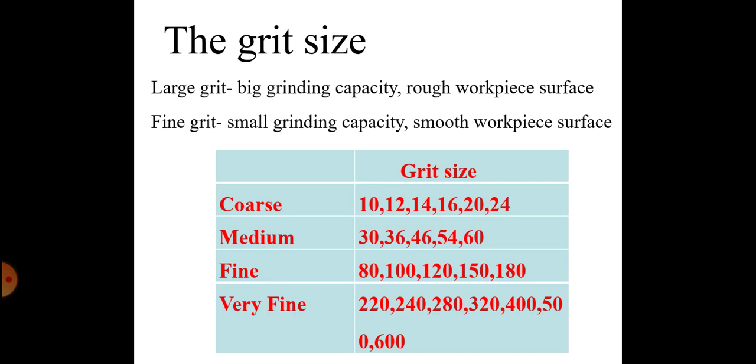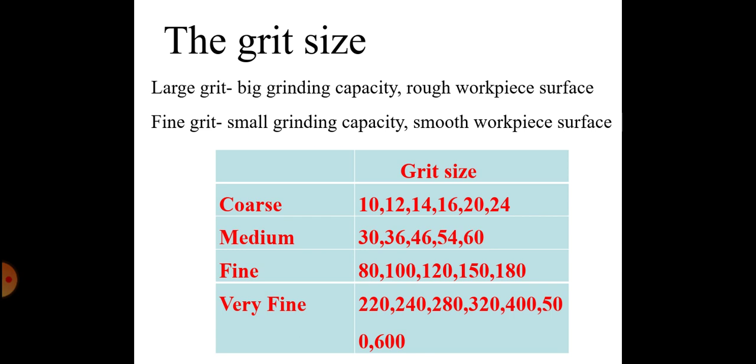The next parameter is the grit size. First of all, we see what is meant by grit. It is nothing but abrasive size, which has an impact on material removal rate and surface quality. Large grit gives high grinding capacity and a rough workpiece surface. Fine grit gives small grinding capacity and a smooth workpiece surface. This grit size is specified here.